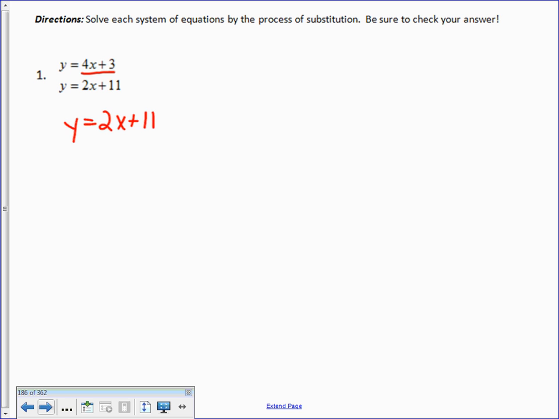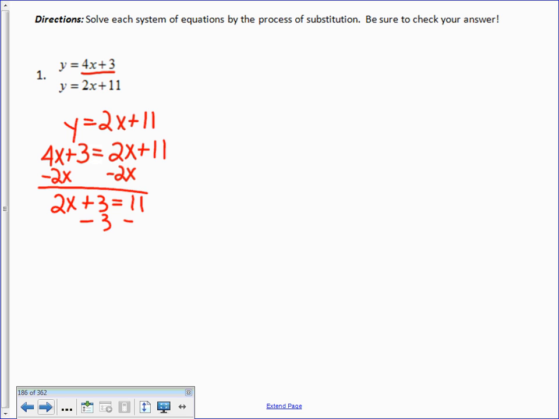If I know in the first equation that y is really equal to 4x plus 3, where I see y in that second equation, I can substitute in the 4x plus 3. Now I have one variable. I am able to isolate my variable and solve for x. And when I solve for x in this equation, I am going to get x equals 4.